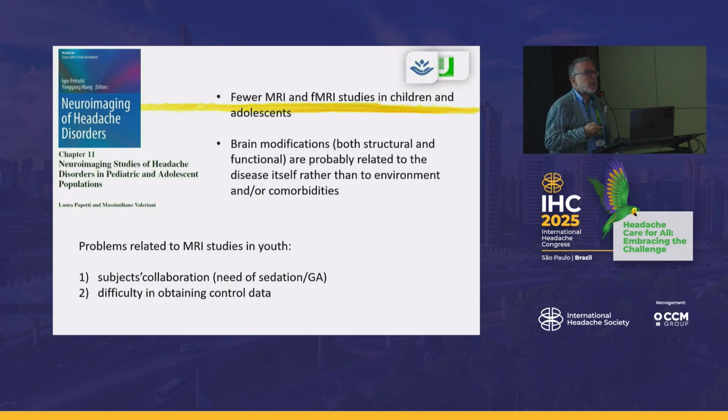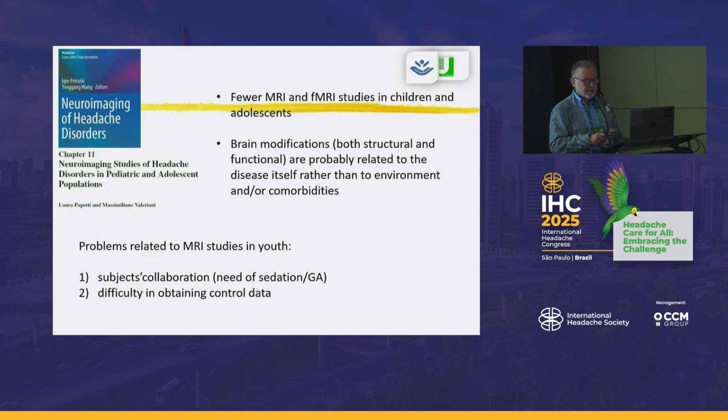adult patients. Of course, neuroimaging studies raise some challenges in children, because we need a certain cooperation and collaboration from the patient, and you know that especially under 7 years, we need general anesthesia to perform an MRI, and this of course can bias the results of the examination.